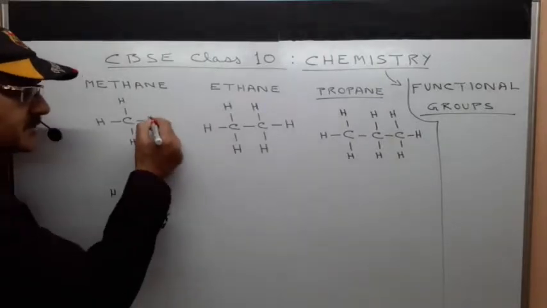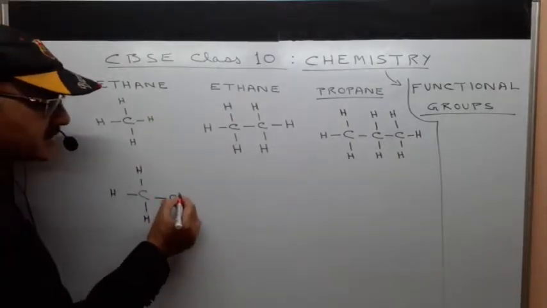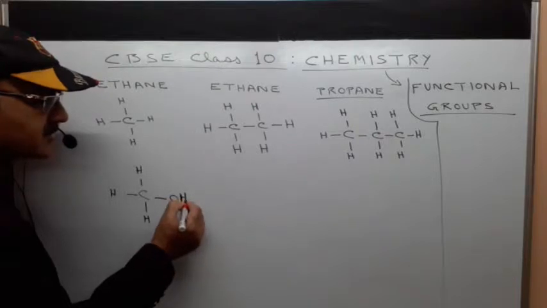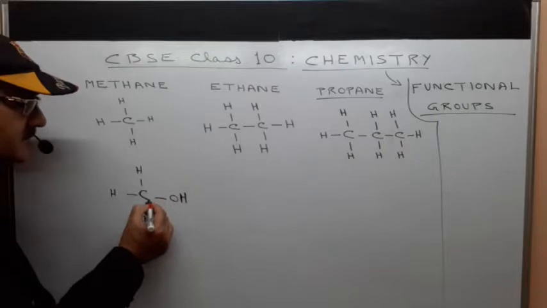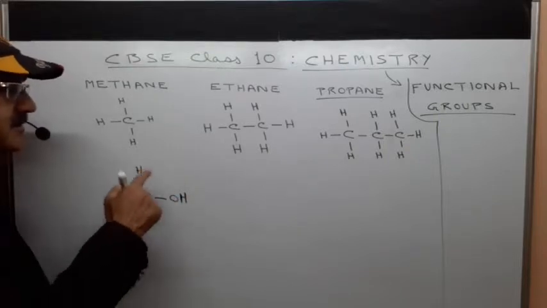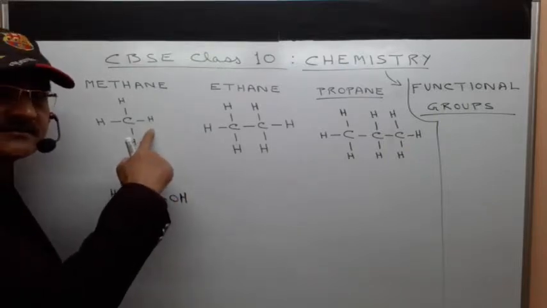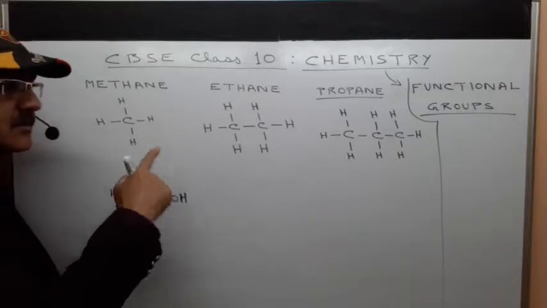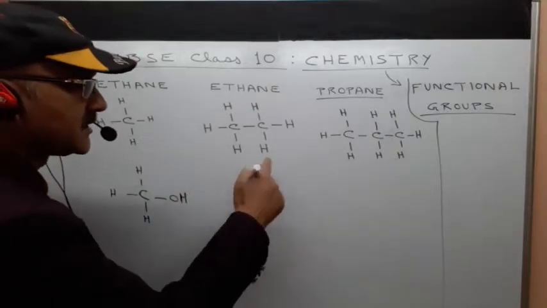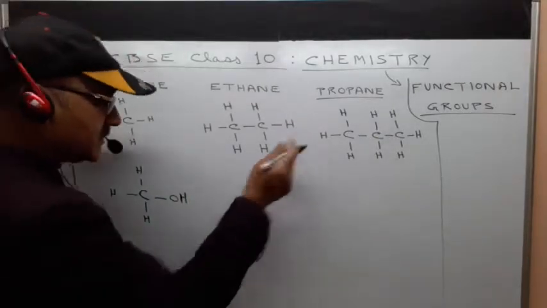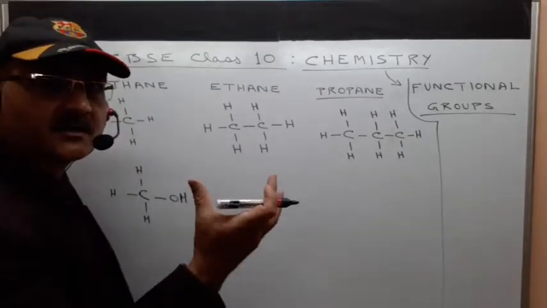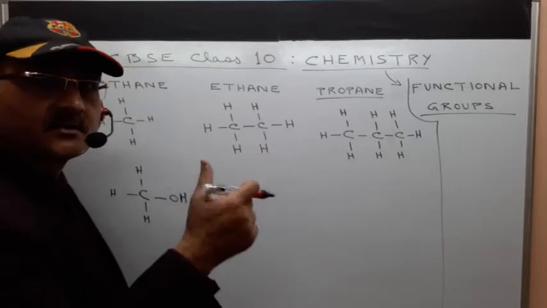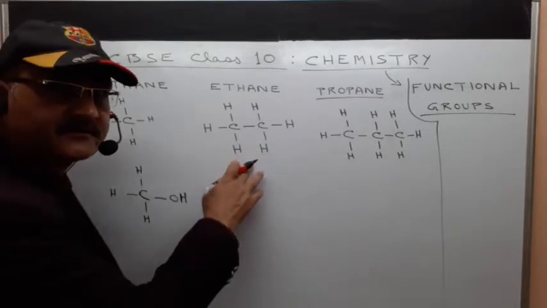In place of this hydrogen, if we place OH here, then the property of this molecule is very different than the property of methane. Or in this, if we change this hydrogen with OH, this will become another molecule which is quite reactive.